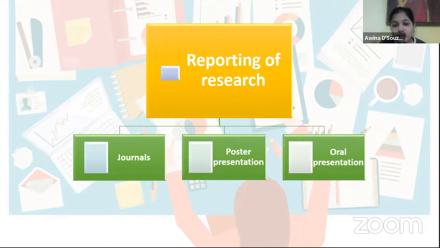Oral presentations and posters take place on a platform or in a compendium, when you have a conference at those levels. But for journals, you make a research form and a detailed report of your research and submit it to a specific journal of your choice.